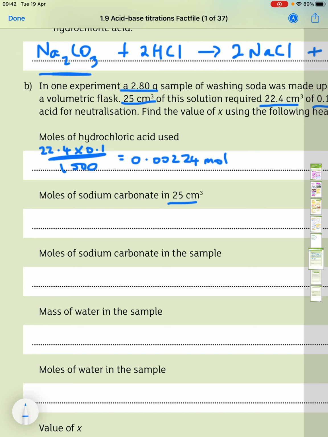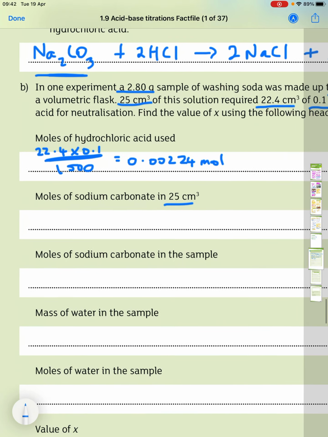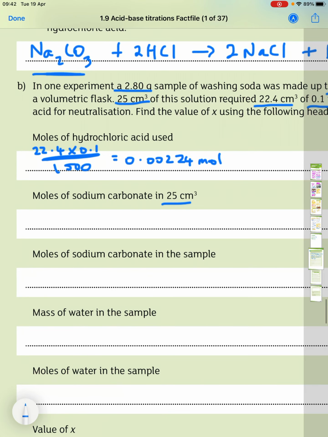So the number of moles of sodium carbonate in 25 cubic centimetres, that's how much reacted. So we have 1 mole of sodium carbonate with 2 moles of the hydrochloric acid. So that means it's 0.00224 divided by 2, which is 0.00112 moles.